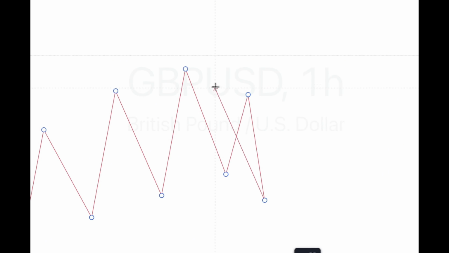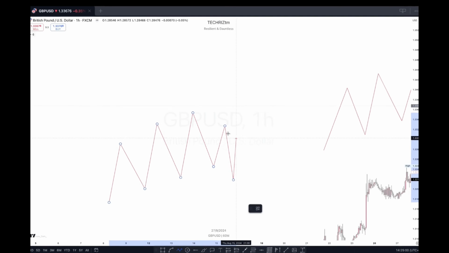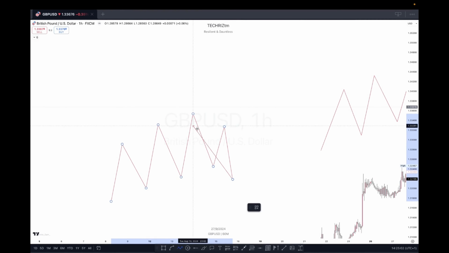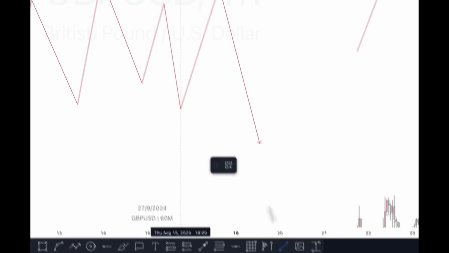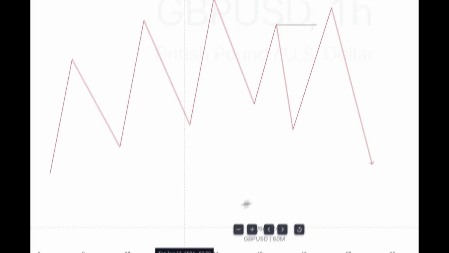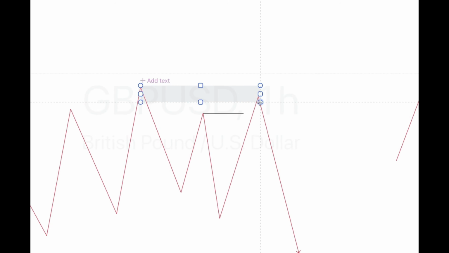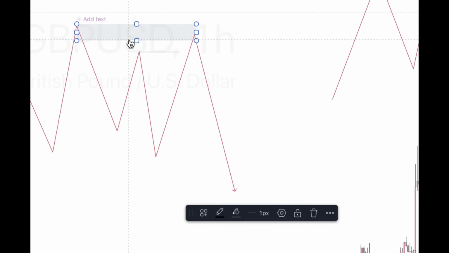If there are unmitigated zones around this area, price will use this particular high as liquidity, come up, trigger this level and drop, right?